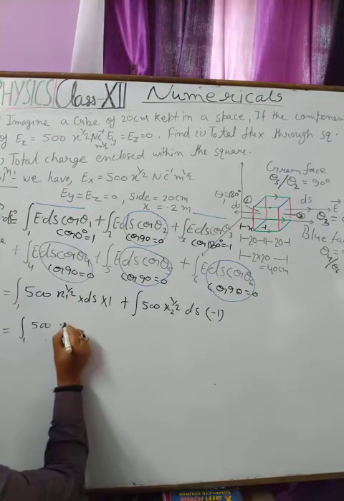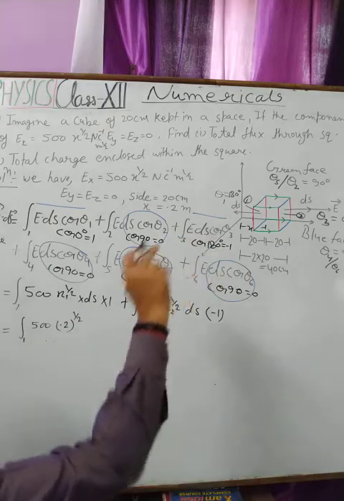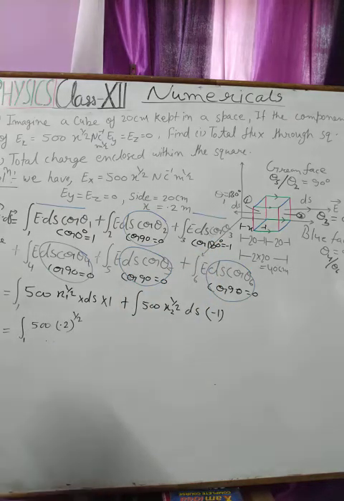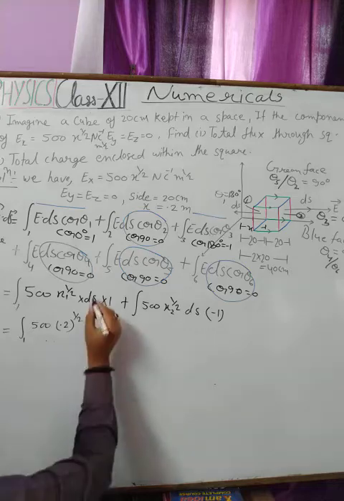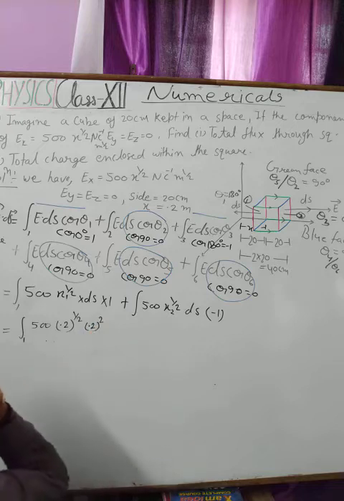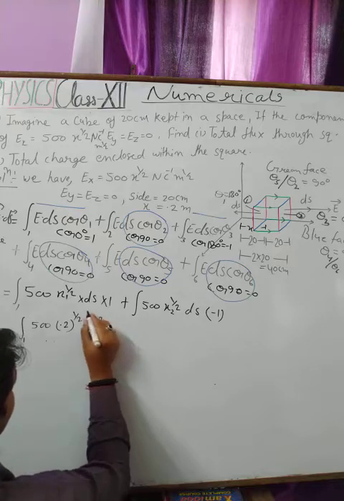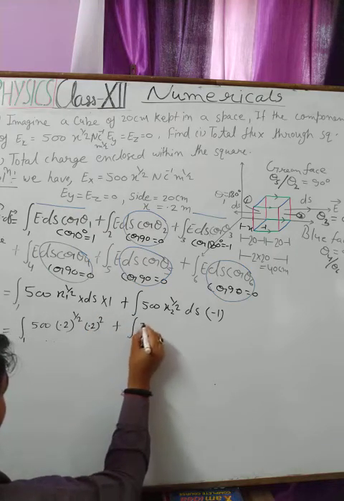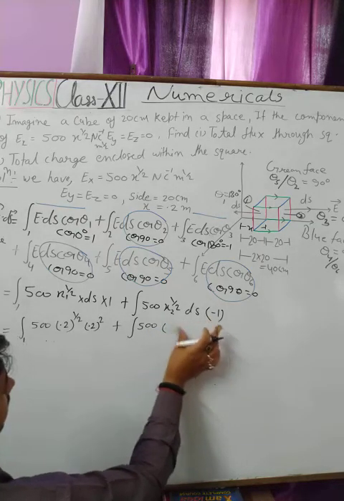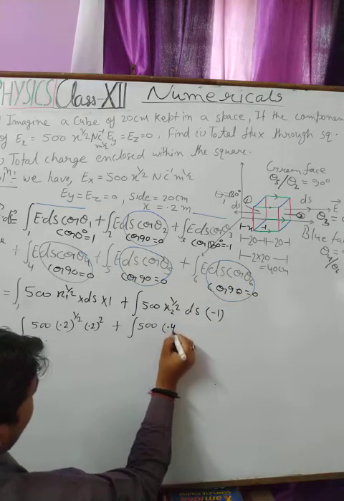So we are using 0.2 to the power half, and dS is the square face, and the square has the value 0.2 square, plus 500 times 0.2 to the power half at x2. x2 is 2 into 0.2, that is 0.4.